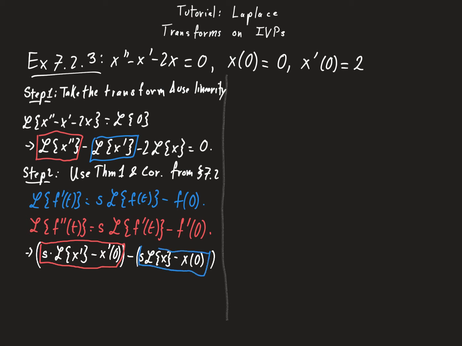And all of this, once again, is from the blue. And last but not least, I'm going to continue on a new line here. This is minus 2 times the Laplace transform of x is equal to 0.